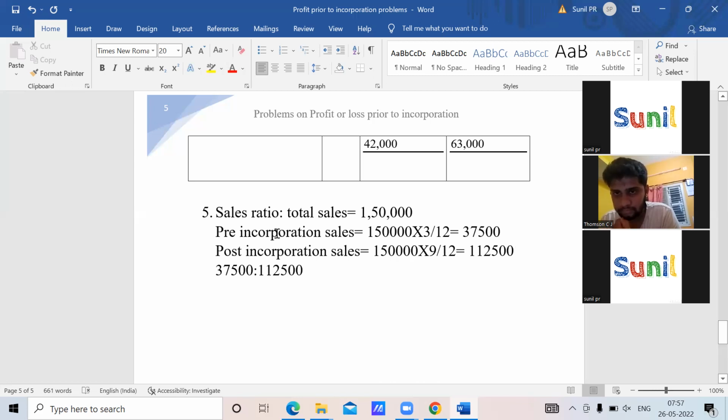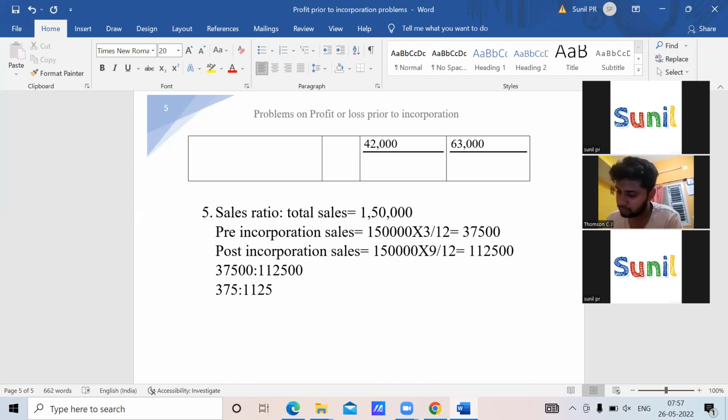Now you cancel all the zeros which are common. Double zeros cancel. So that will be 375 is to 1,125.